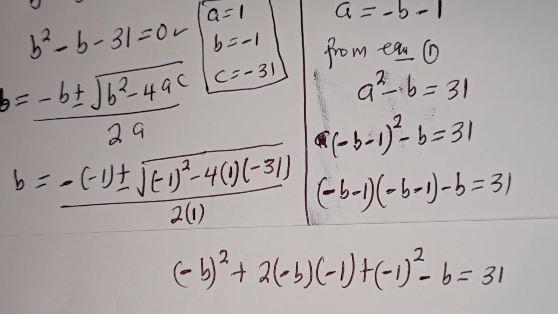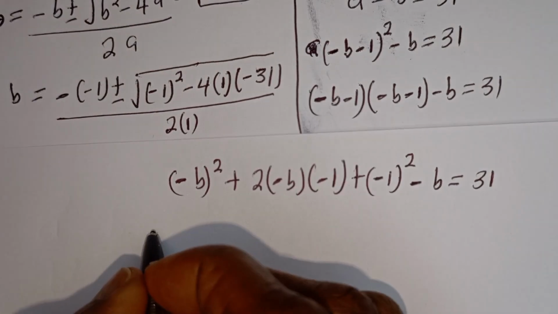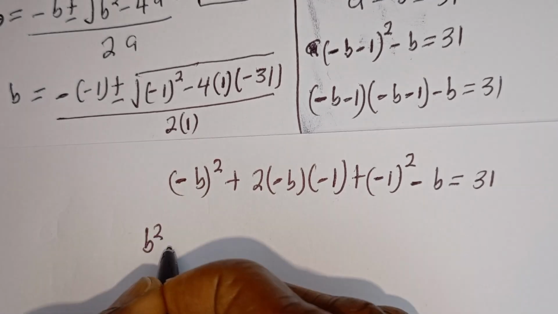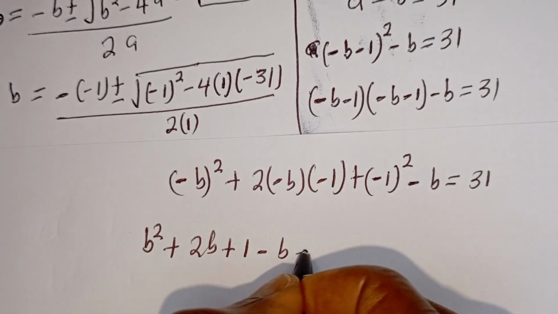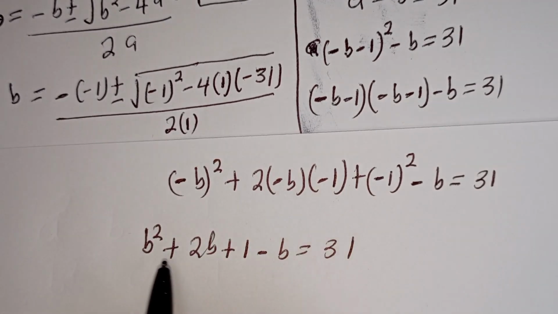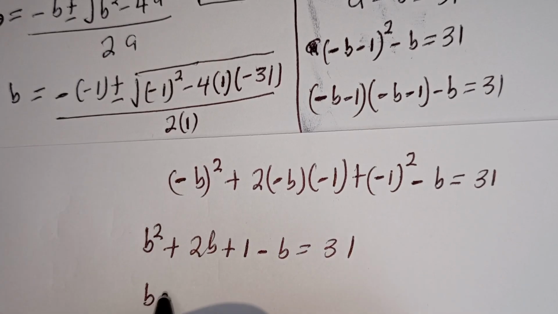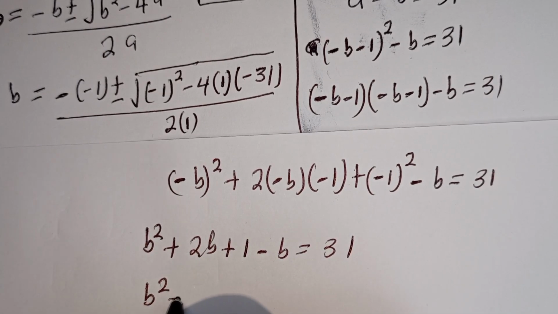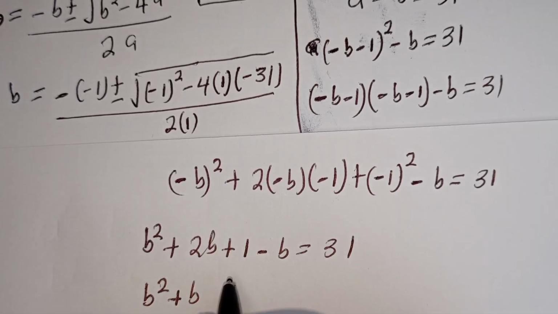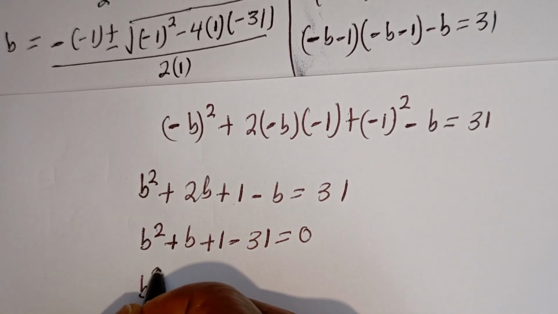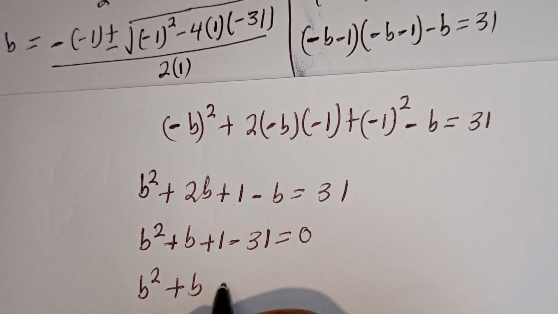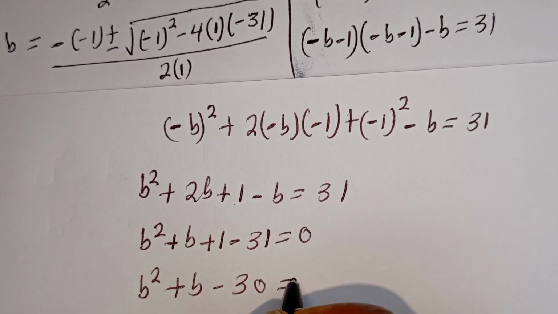Then here we have b squared plus 2b plus 1 minus b is equal to 31. Then this is b squared plus b. Then here will be plus 1 minus 31 is equal to 0. We have b squared plus b minus 30 is equal to 0.